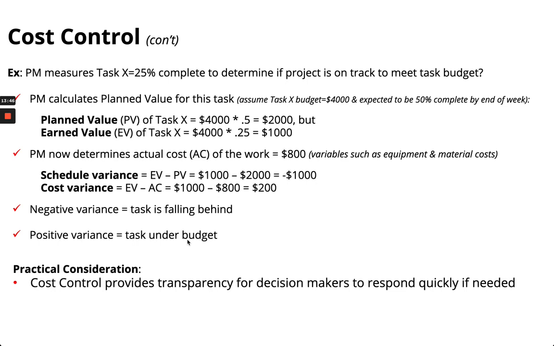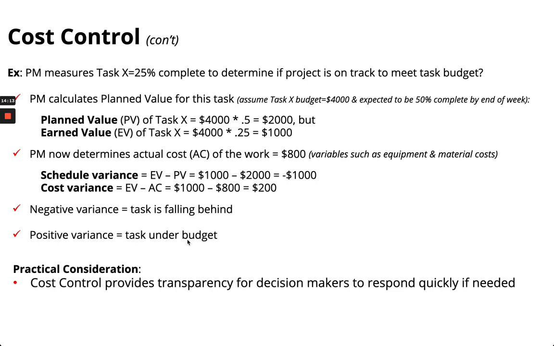So simply put, the planned value, PV, equals $4,000 times 50%, which equals $2,000. But the earned value, that 25% you measure that is completed, the earned value is only $1,000.